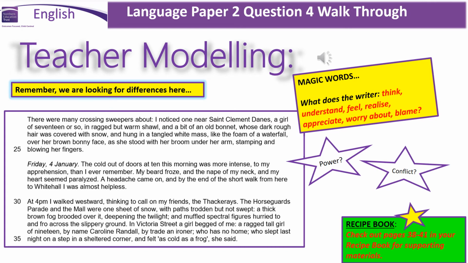Now he's realising here that although he might not have been massively affected by this snow, less privileged people may have been. So this young girl who's homeless is as cold as a frog, and actually he's realising here that there are more negative consequences of the weather than he initially thought.